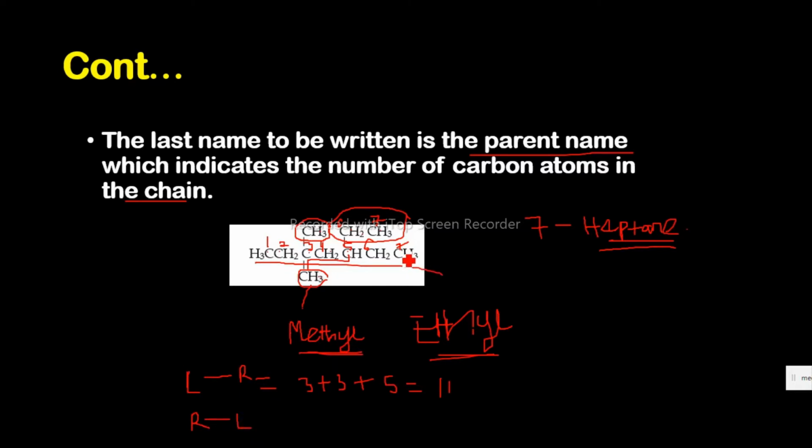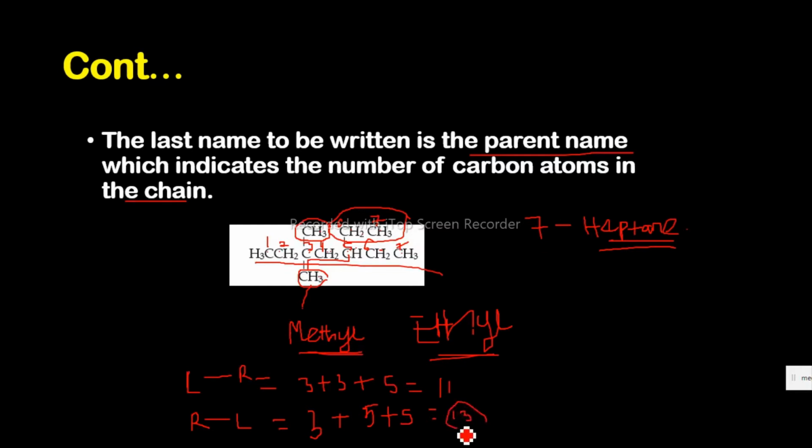So if you count from right to left, this one is going to be 1, 2, 3. So our ethyl group is attached on carbon number 3 and 4, 5. And the methyl groups, they are all on the same carbon, so it is also on 5. So if you add, this becomes 13.